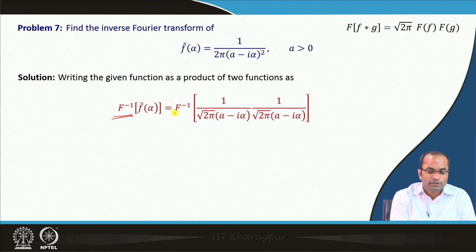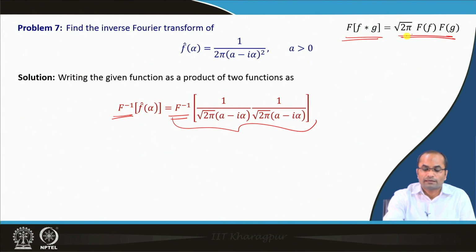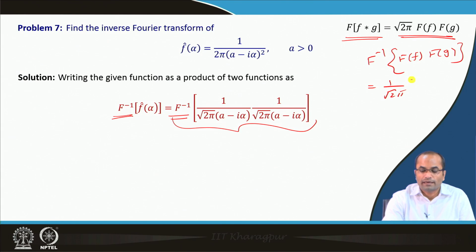And we take the Fourier inverse on both sides now. So, we want to compute this, what is the inverse of this, and we know already that there is a convolution theorem which says that the f inverse of the product of Fourier transform of f and Fourier transform of g is equal to 1 over square root 2 pi and the convolution of f and g.